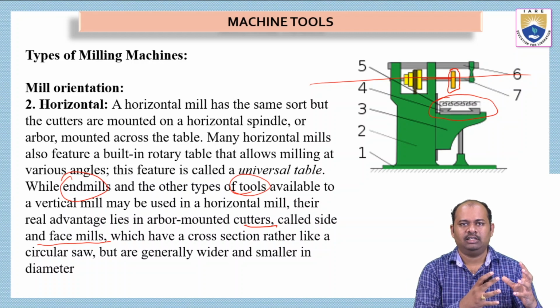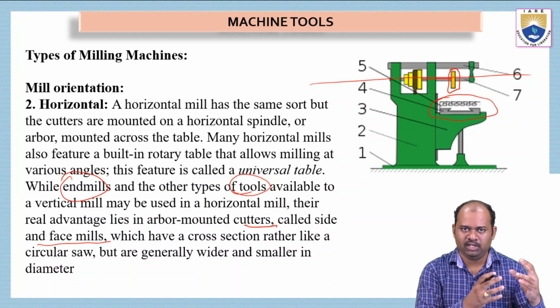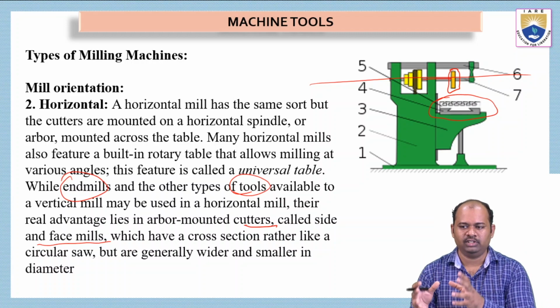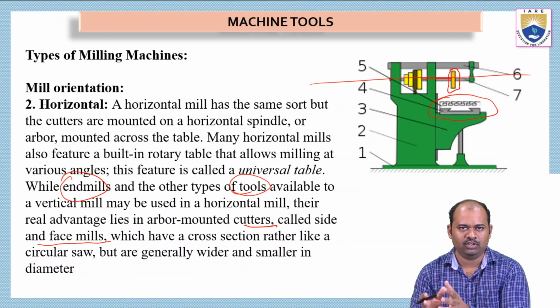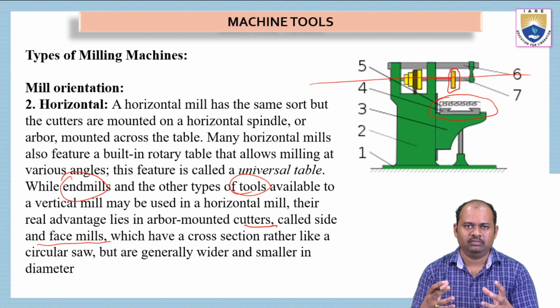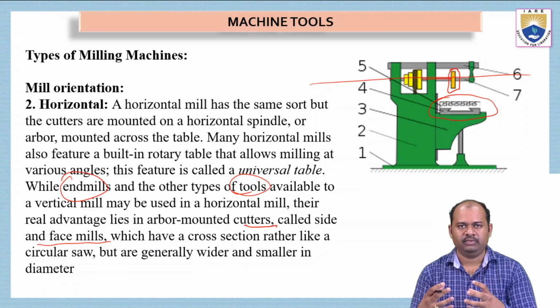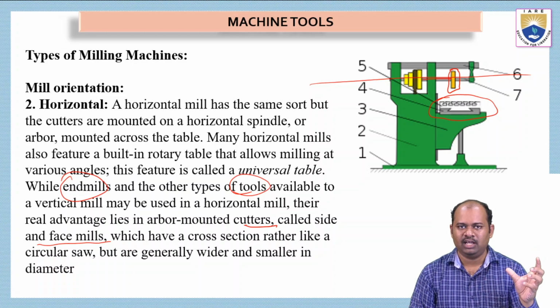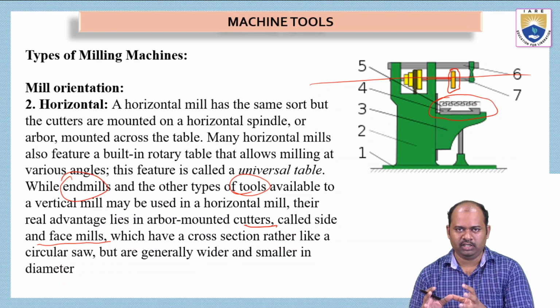Whenever we use tools from the vertical milling machine, we can use those tools in the horizontal milling machine also, though they have to be modified according to the application.